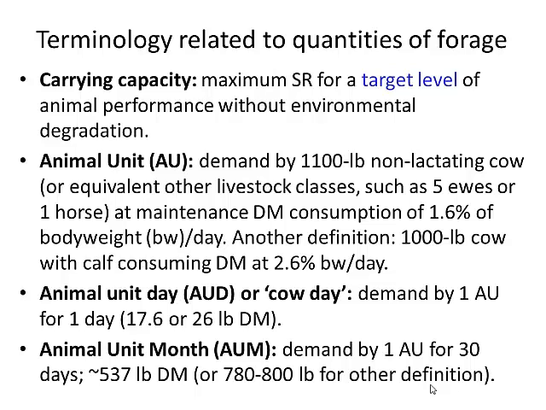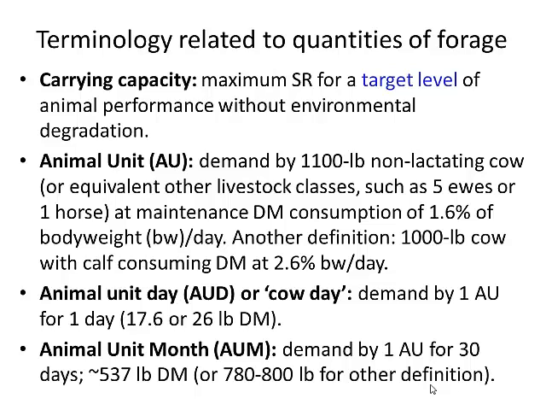The definitions vary. So non-lactating cow or equivalent number of other animals like sheep or goats. At maintenance dry matter consumption of 1.6% of body weight, so that's about 17 pounds of forage dry matter per day, is the same thing as an animal unit day.